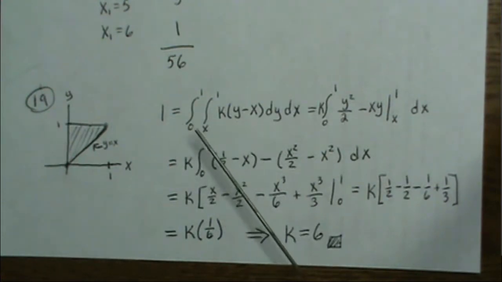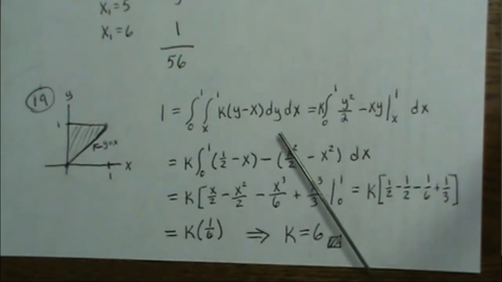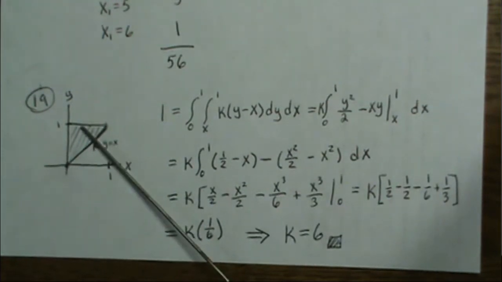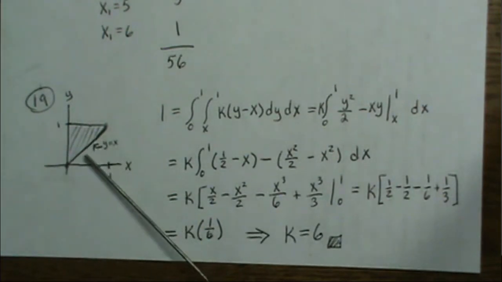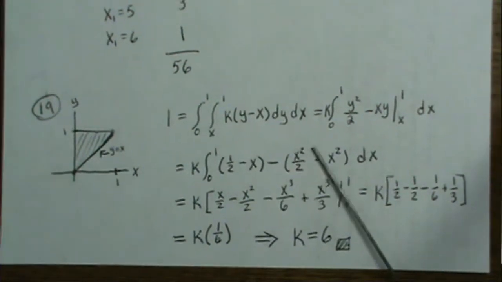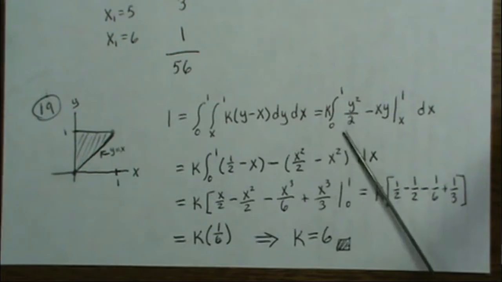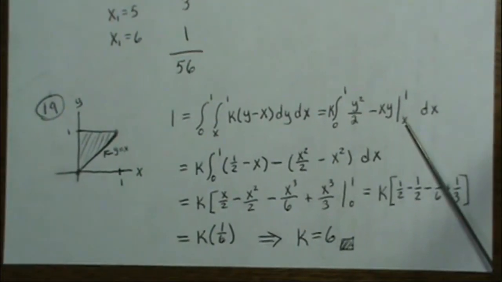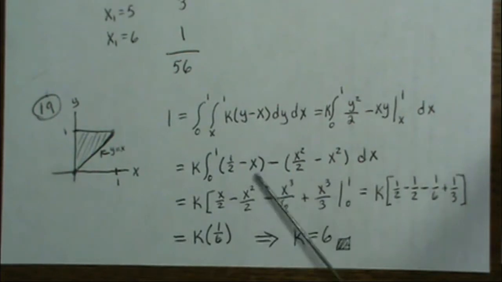So 1 is equal to, and note that we're going to integrate with respect to y first. So x has free range, but y must go from x to 1. Now it integrates. With respect to y, we get this, plug in our limits of integration, and we get this.